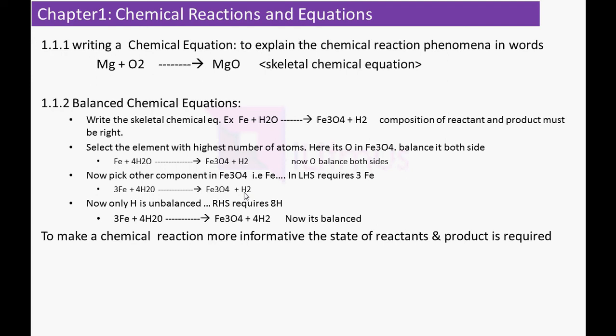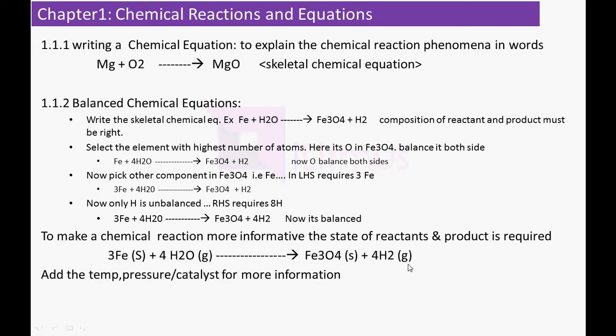To make a chemical reaction more informative, the state of reactants and products is required. So I am mentioning here, this is solid, this is gas, this is solid, this is gas. Okay, so I have mentioned the state of these reactants and products. The next one is the temperature, because every reaction happens at a particular temperature and pressure.